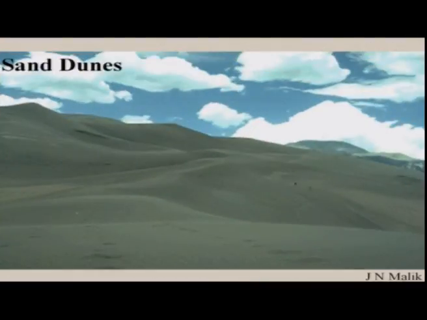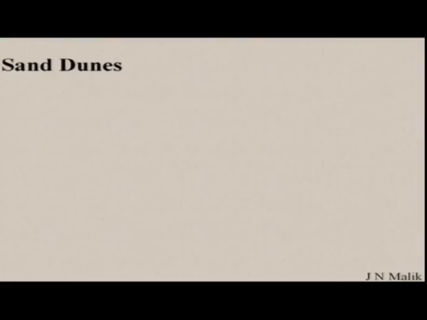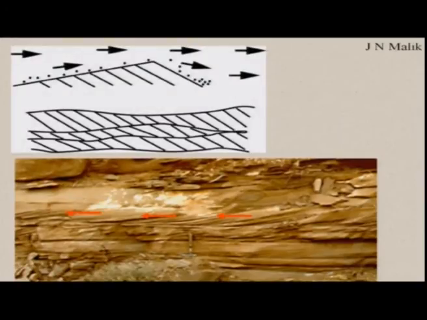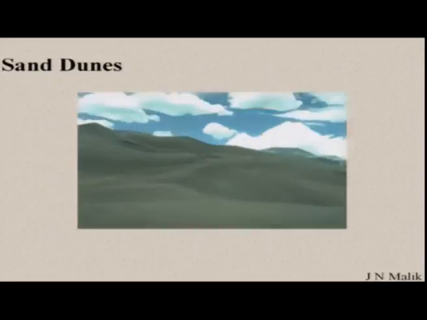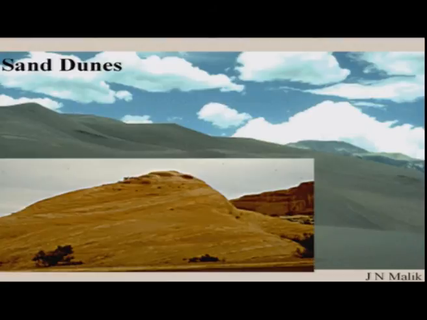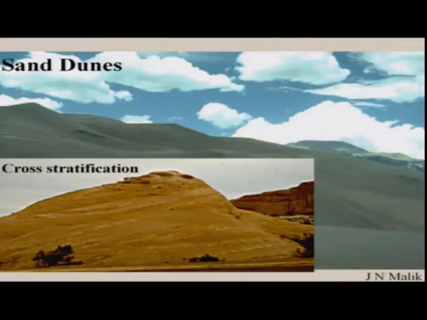Then you have sand dunes, so again you can try to understand the different depositional environments and how they were deposited. You can have large scale cross stratification and dunes, which can help you understand how the dune was built up. This we term cross stratification, where we have cross cutting relationships between the different beds.